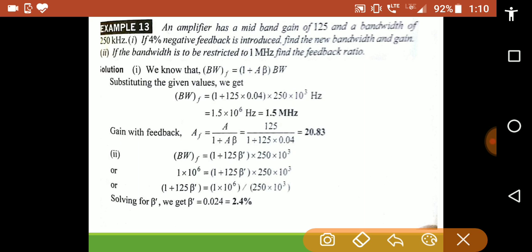We know that when negative feedback is introduced, the bandwidth will increase. So bandwidth with feedback equals (1 plus beta A) into bandwidth.